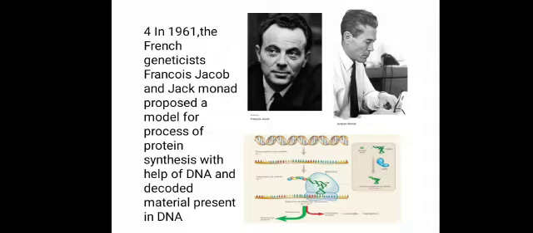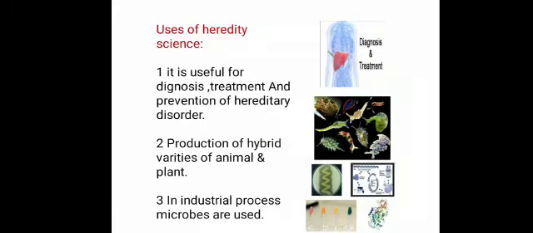And this protein synthesis, with the help of DNA, gets decoded and then the information is transferred from one generation to another. So these are some changes that happened in heredity, that are helpful for passing the hereditary character from one generation to another generation.